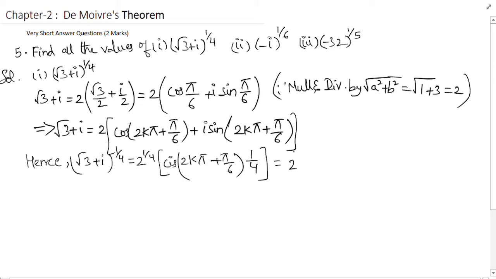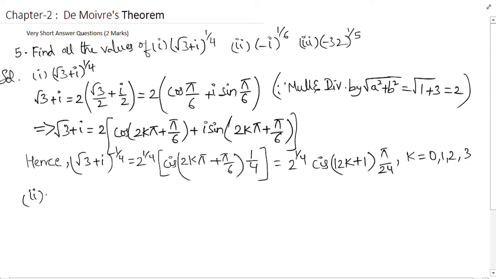This is again equal to 2 power 1 by 4 cis 12k plus 1 into pi by 24, where k is equal to 0, 1, 2 and 3.